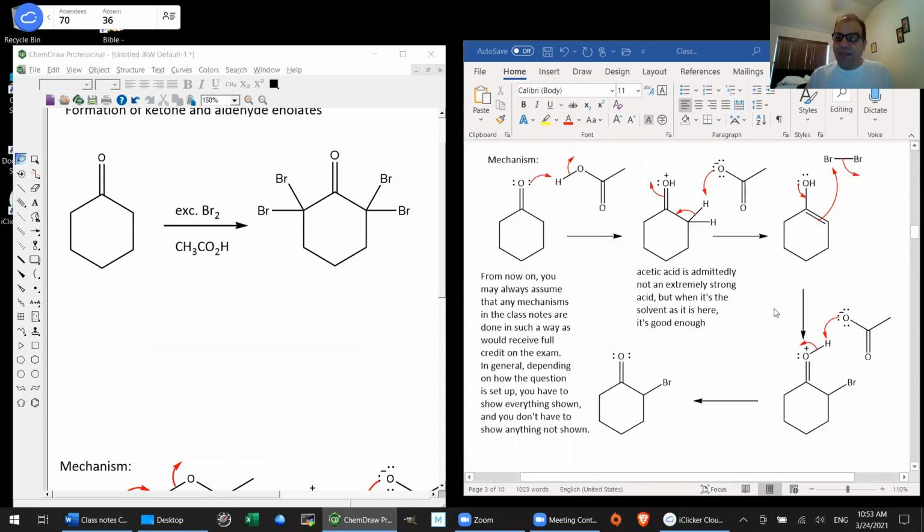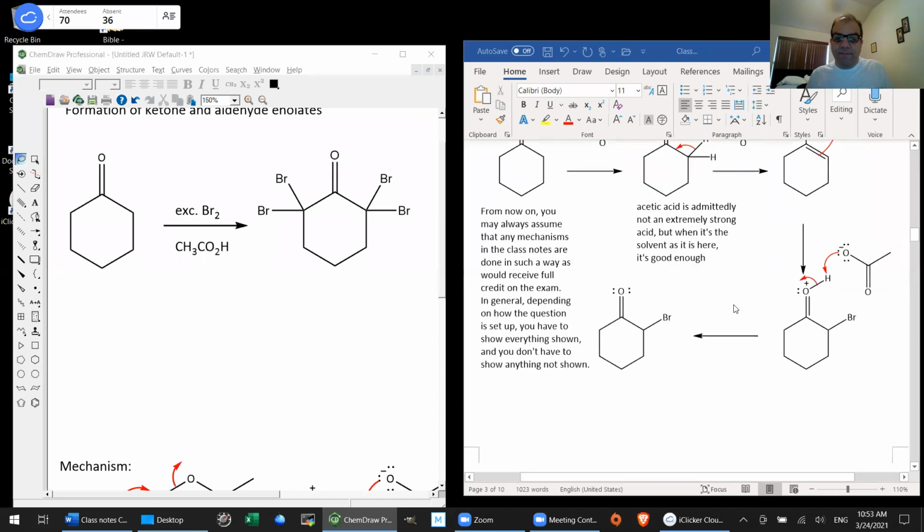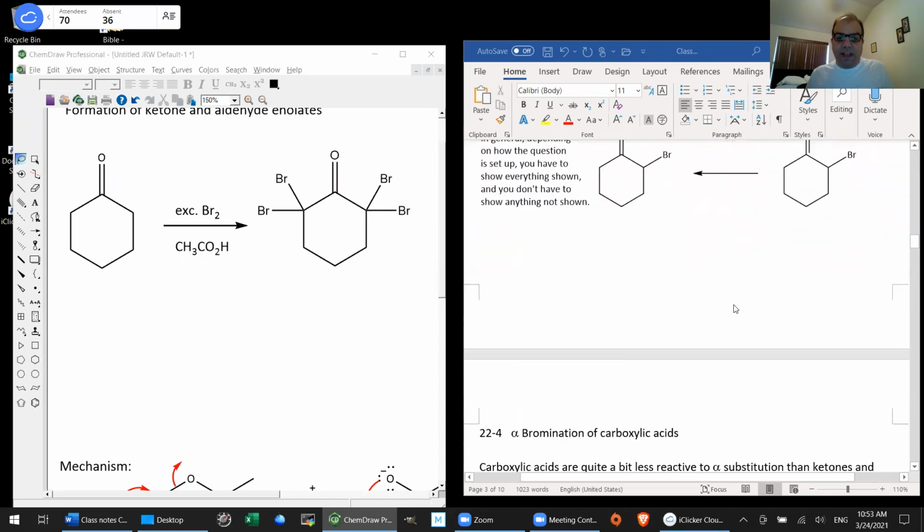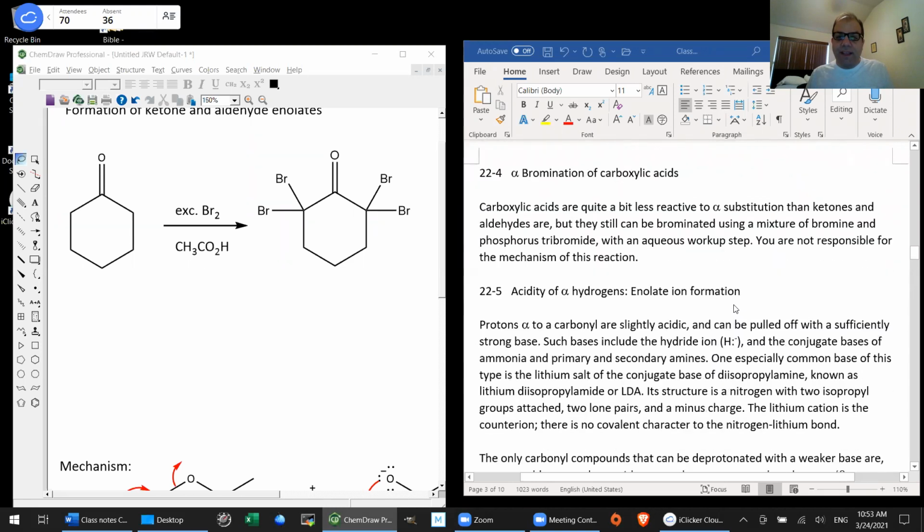Those mechanisms will be very much the same. I think those will largely be the topic on Friday. We're going to talk about various alkylation reactions, but certainly this is a possibility. At least that's what I would say. Questions on this mechanism? And like I said, that's already in your class notes.